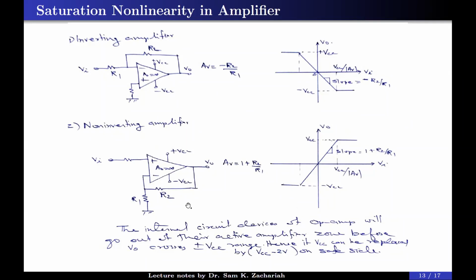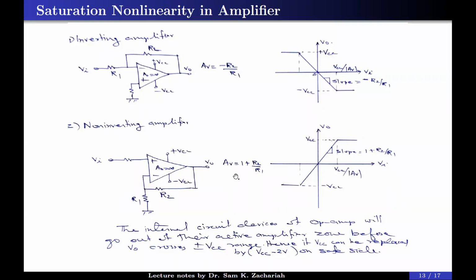Same thing we can draw for a non-inverting amplifier. This is the normal saturation block. The saturation block as such need not contain a gain of minus 1, but I am plotting it together for the amplifier: amplification plus saturation, that's why two different blocks are coming.